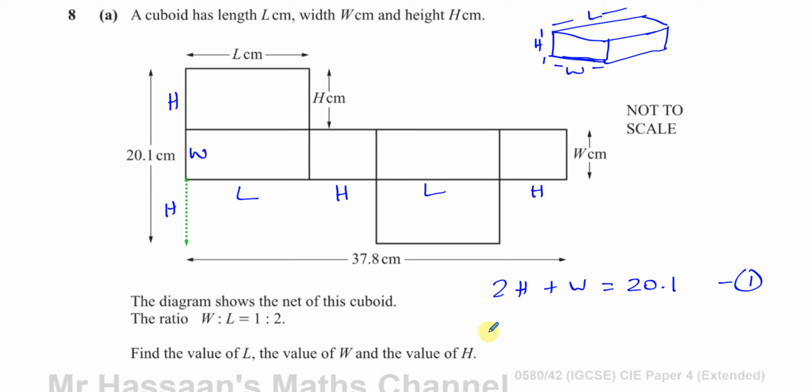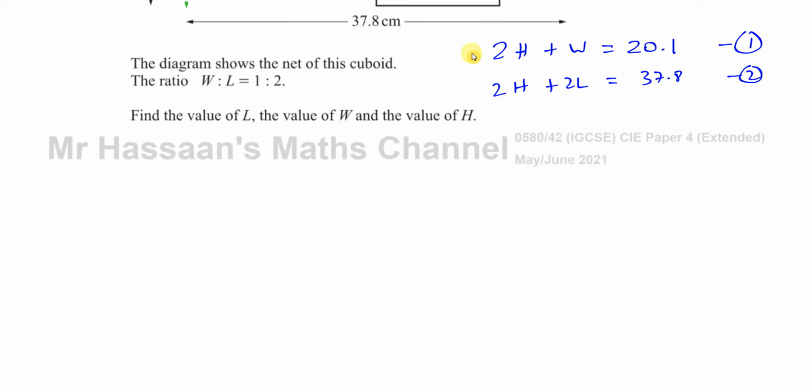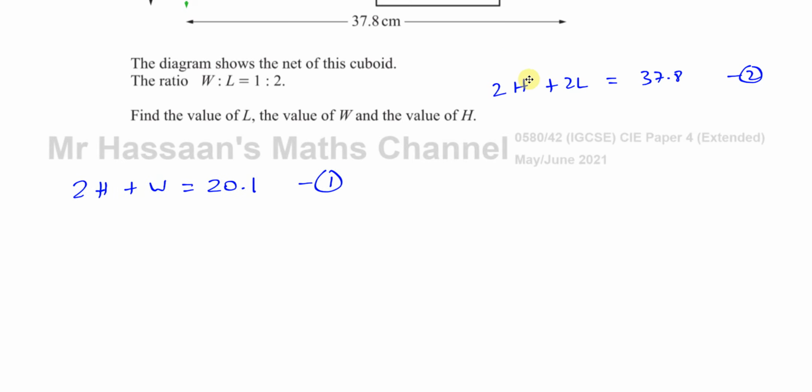So we can say that 2H plus 2L is equal to this length 37.8. So we have two equations from that, and I'm just going to write these two equations down.